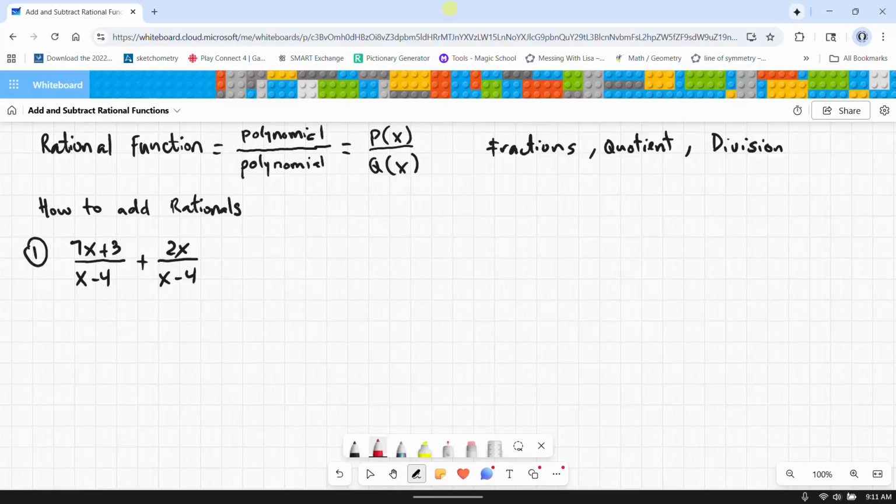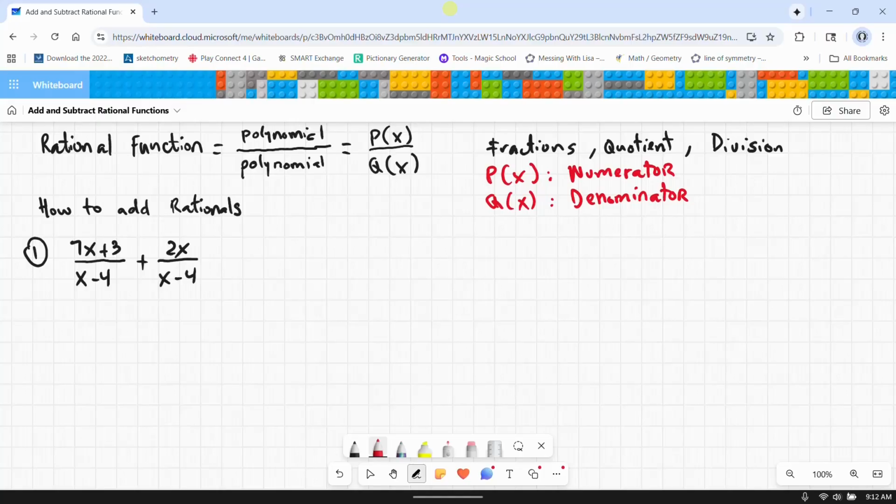Just to review, the p of x we call the numerator, and the q of x, the one on the bottom, we call the denominator. If the denominators are the same, we want to keep it the same.